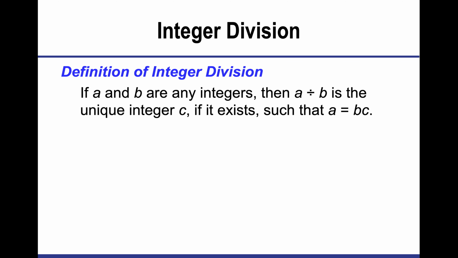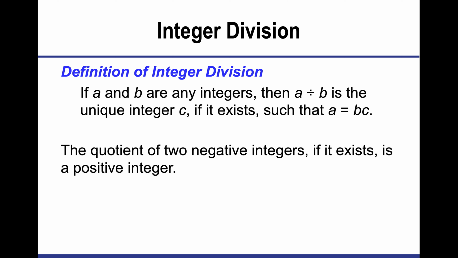Now, if I want to look at integer division, we're going to have some of those same rules with the sign. So if A and B are any integers, then A divided by B would also be able to be described as A equals B times some value C. So it's kind of like when we relate addition to subtraction.